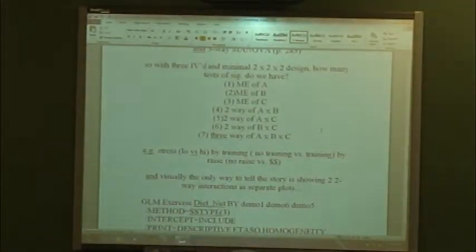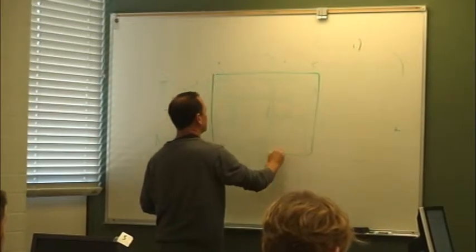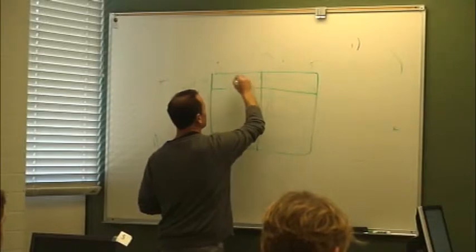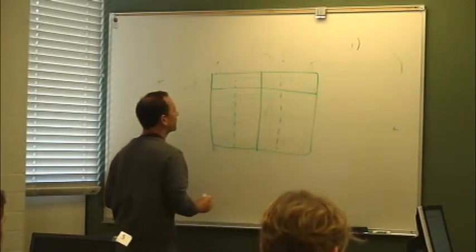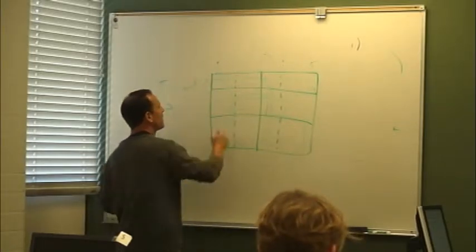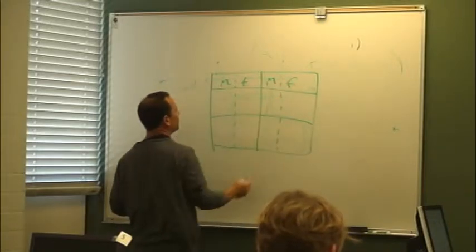So one way of looking at this, everybody, just for a simple 2 by 2 by 2. So let's have males, females, males, females.